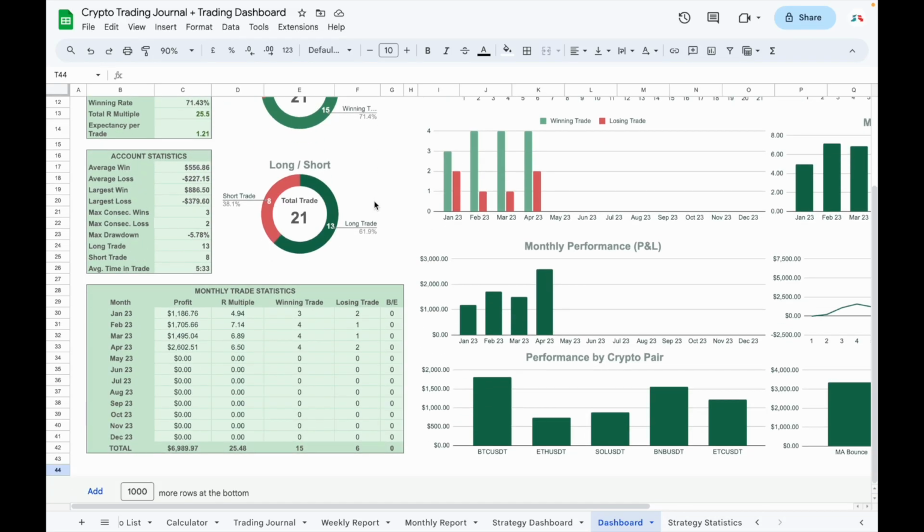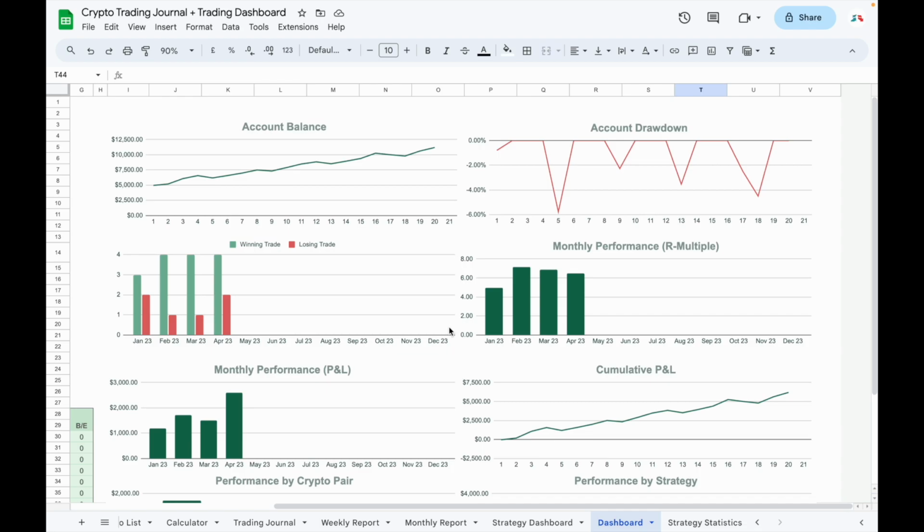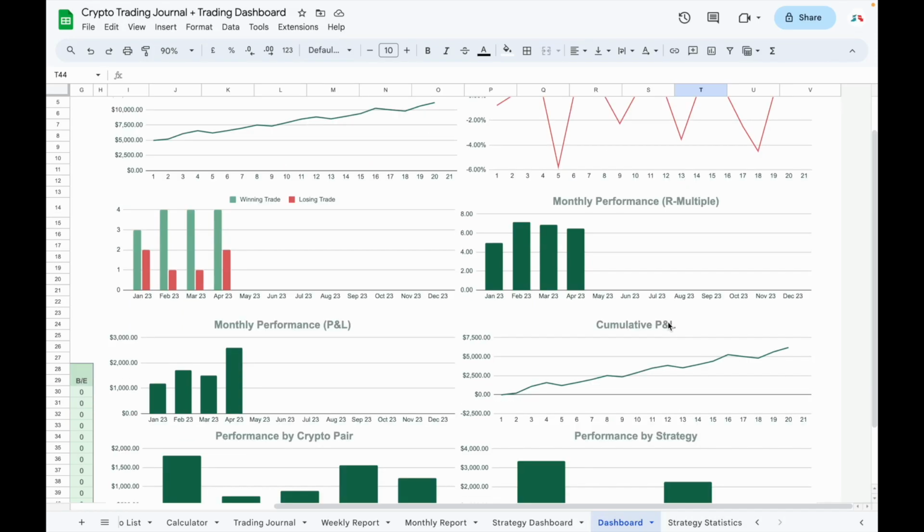The table below shows monthly trade statistics such as profit and loss, R multiple, winning and losing trades. The graph on the right allows you to have a glance at your overall period trading performance such as account balance, which shows the total value of the account at a given point in time over the whole period. Account drawdown shows the maximum loss the account incurred over the whole period, and account cumulative P&L shows the net profit or loss accumulated over time.